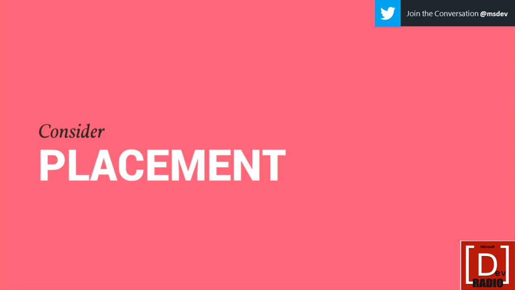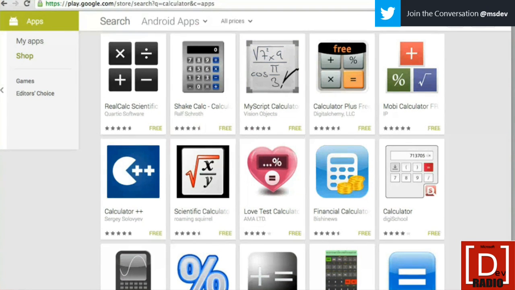I did this example where I was looking at a calculator app, and I went into the Android store, Google Play, and I looked at all the icons, and you start to see a couple of things. I did this in all of the app stores, and you start to see, okay, there are some icons that are super realistic. There are some icons that are more abstract, right?